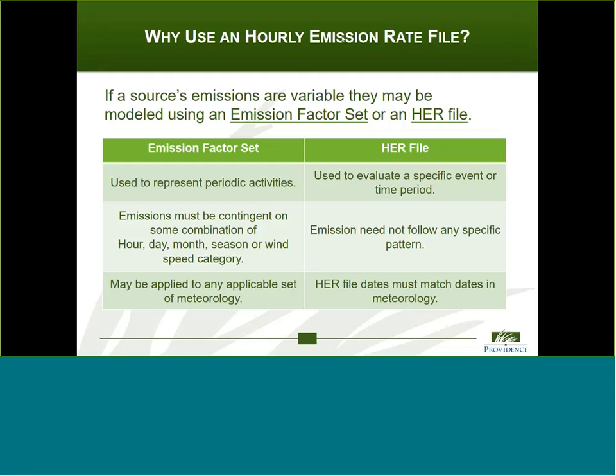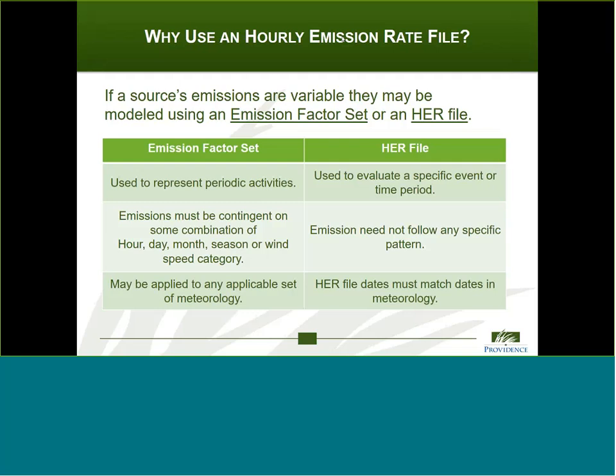An emission factor set is used to represent periodic activities. It has to be dependent on some combination of hour, day, month, season, or wind speed category. So if you have an operation that only emits during the day, you can turn on just the daylight hours and turn off the nighttime hours.